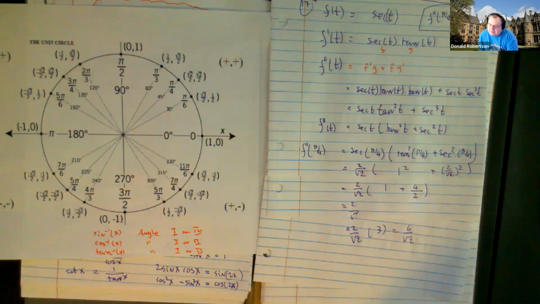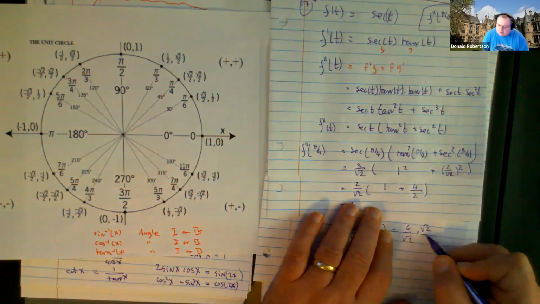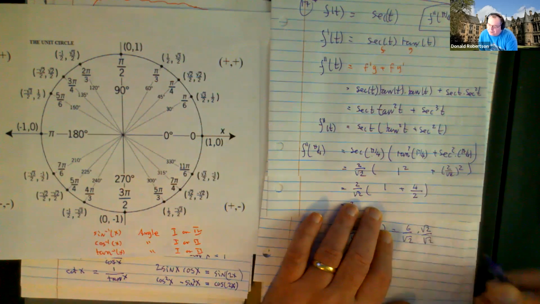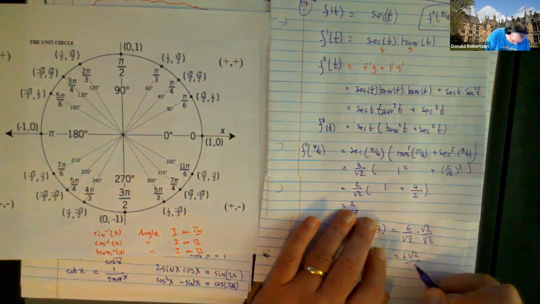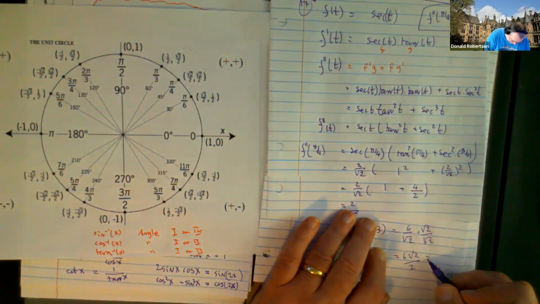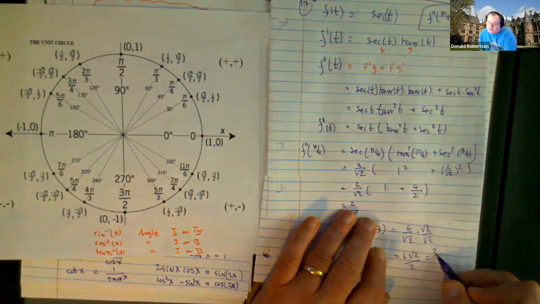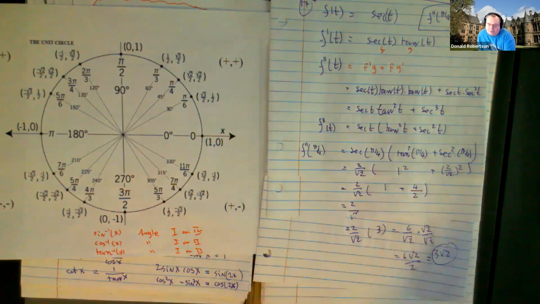So far, so good. I'm pretty sure WebAssign would probably accept that, but if we want to be really fussy, couldn't we rationalize the denominator so the square root of 2 is not in the bottom? And that gets me 6 root 2 over 2, and a little cancel. There's the best answer in the world, 3 root 2.